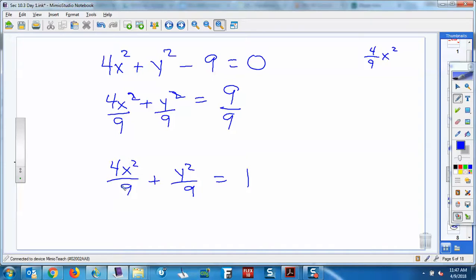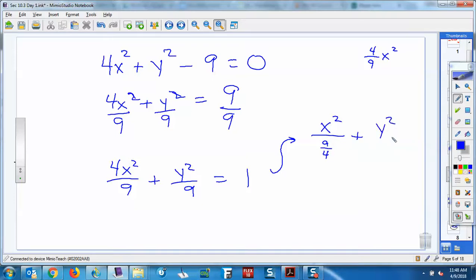Well, timesing something by 4/9 is the same as dividing by 9/4. Let me say that again. Timesing by 4/9 is the same as dividing by 9/4. So what we're going to do is we're going to write that as x squared over 9/4.